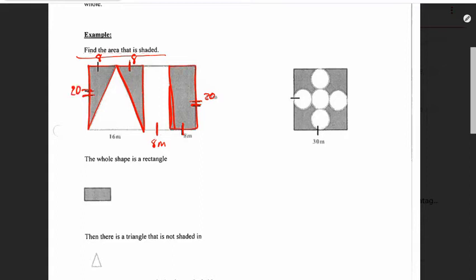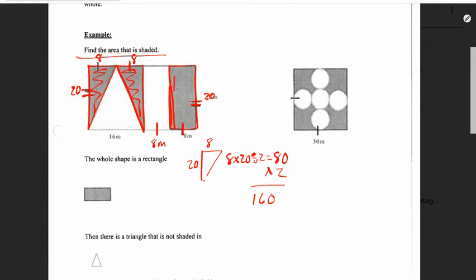Well, realistically, all I need to do in this case is take that triangle, and it's an 8 by 20, so I'm going to go 8 times 20 divided by 2, and I get 160, it's going to be 80. But then I have 2 of them that are the exact same size, so if I times it by 2, I get 160. Triangle's done.